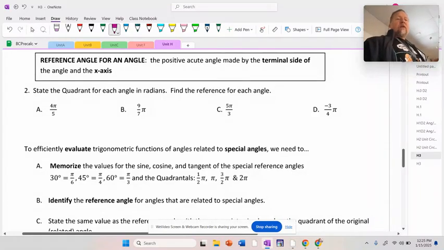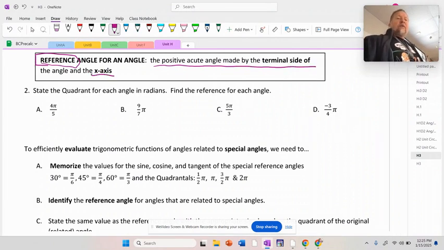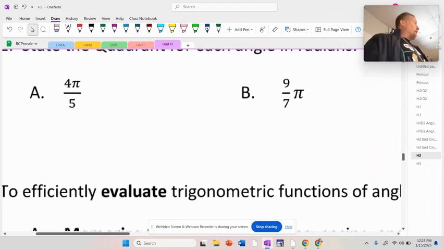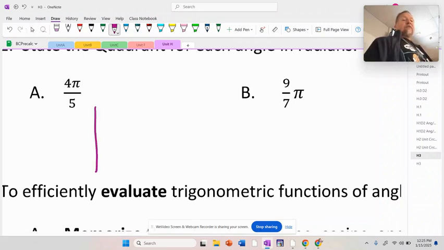But let's do one more thing about reference angles. What are reference angles? The positive acute angle made with the x-axis in the quadrant that you're dealing with. So these are not on your unit circle. There are no over 5s. So where's 4 pi over 5 land, first of all? What quadrant do you think? It's definitely the second.